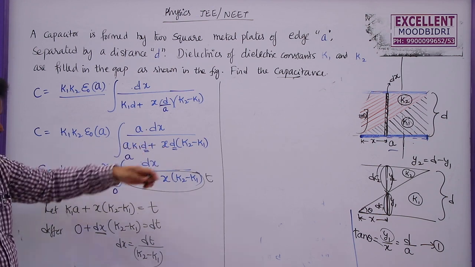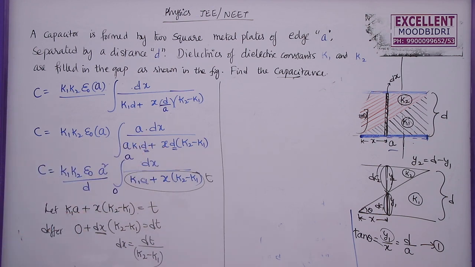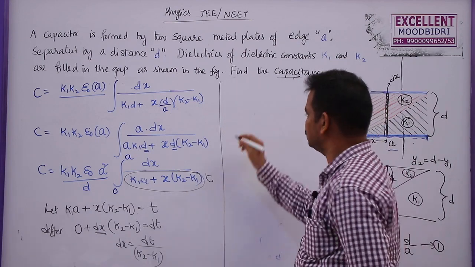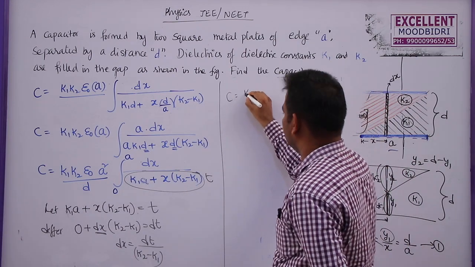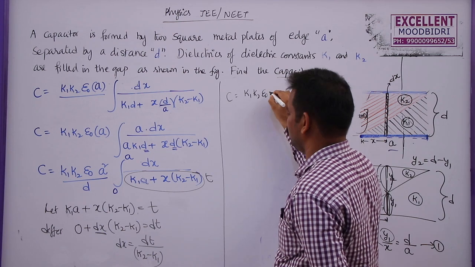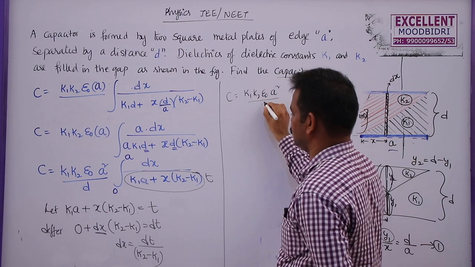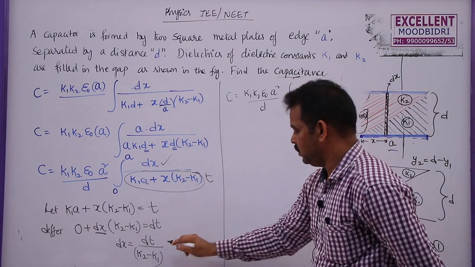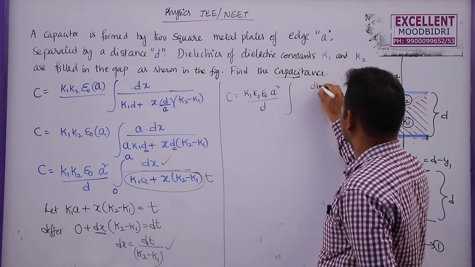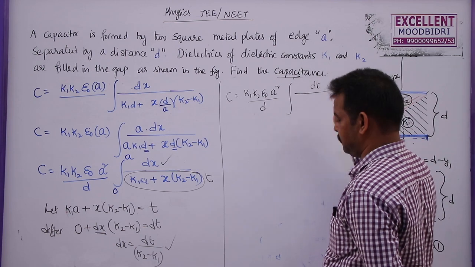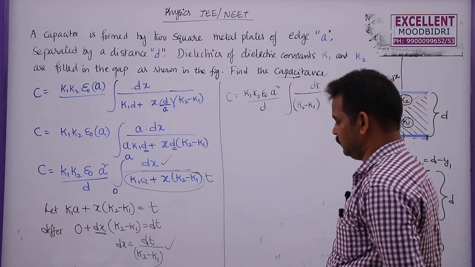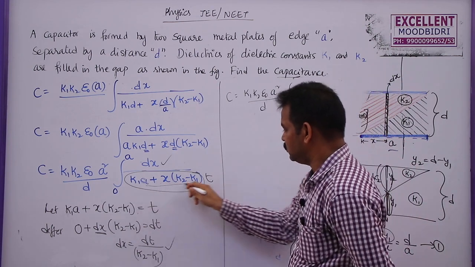Now I am going to change this equation as, this will be the capacitance of this capacitor, C is equal to K1 K2 epsilon naught A square by D integral of, in place of dx I am going to write dt by K2 minus K1, and what is this value?